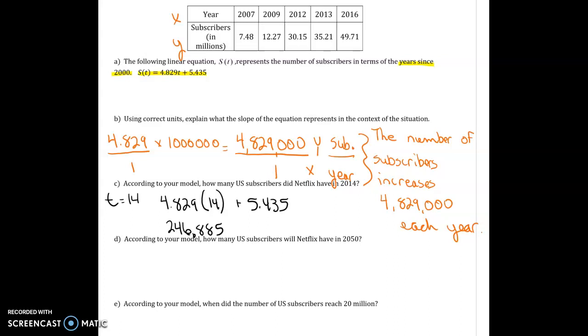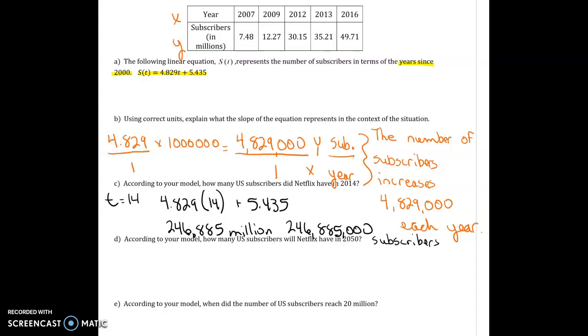And you could leave it like this and say 246.885 million subscribers. You could take it times a million, excuse me, and have this number instead. So put a unit of measurement, subscribers.